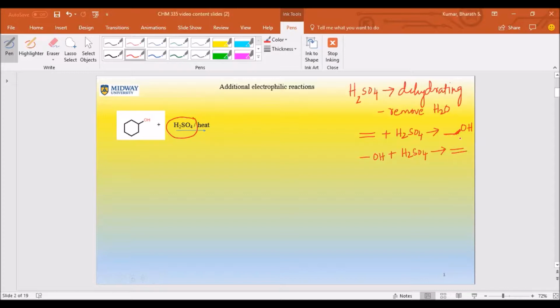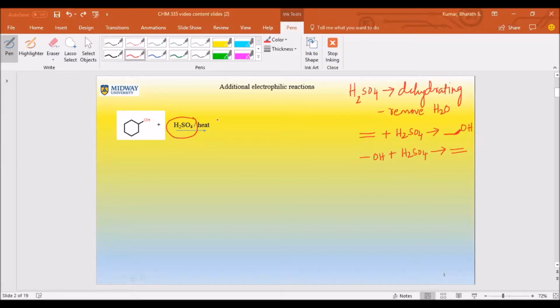Now, there are two clues that you will make a double bond. One of them is, first, you're starting with an OH here, right? Second, you're starting with heat. Whenever you have heat and sulfuric acid together and you have an OH, that's a pretty good indication that you're going to be eliminating a water molecule.